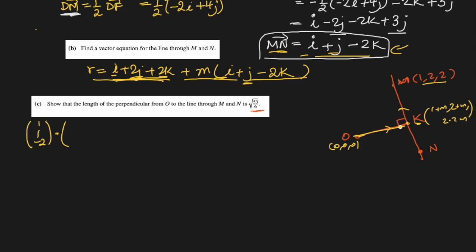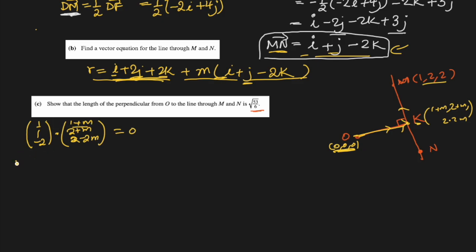But we are interested in this vector. Because O is 0, 0, 0, the position vector will become the vector we need, which will be 1 plus m, 2 plus m, and 2 minus 2m. This has to be equal to 0. The dot product has to be equal to 0. So in the dot product, we multiply the x component with the x component.